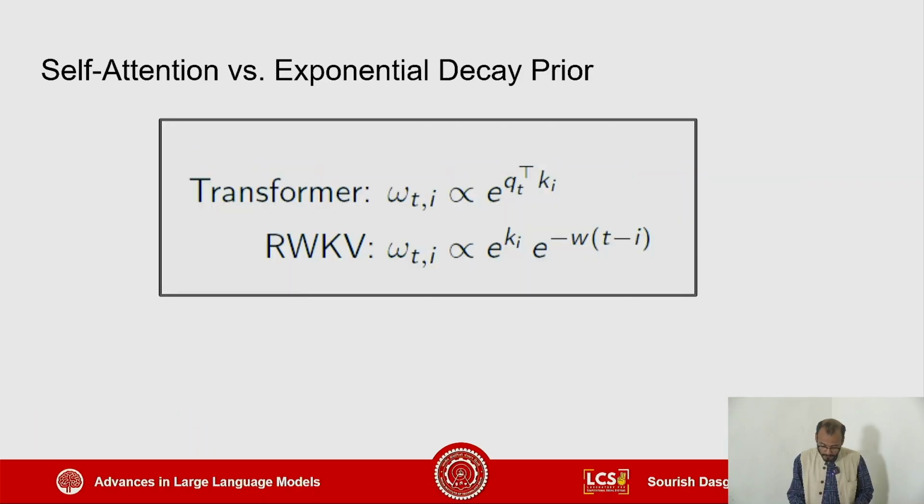So while the omega of transformer, or the attention score of transformer, is an exponentiation of the handshake or the dot product of q and k, in RWKV there is no handshaking between q and k. It's just that you write it as a multiplication of beta and alpha, where beta is e raised k i and alpha is e raised minus w over t minus i, right?